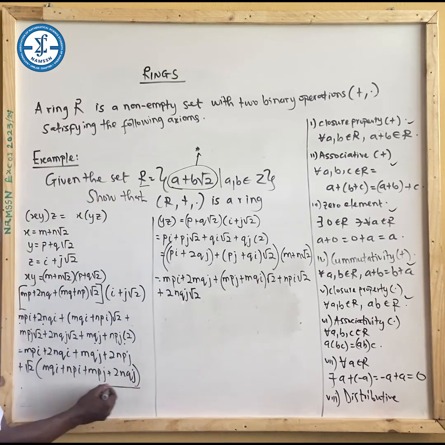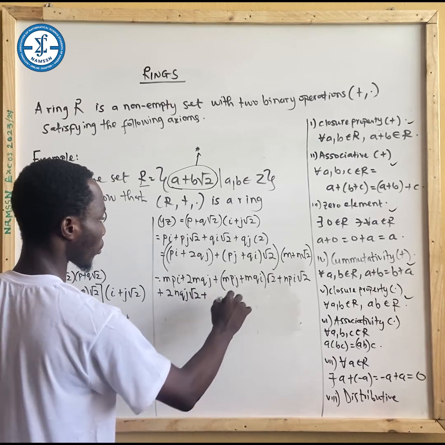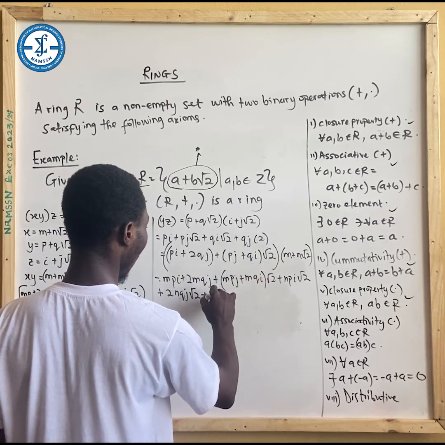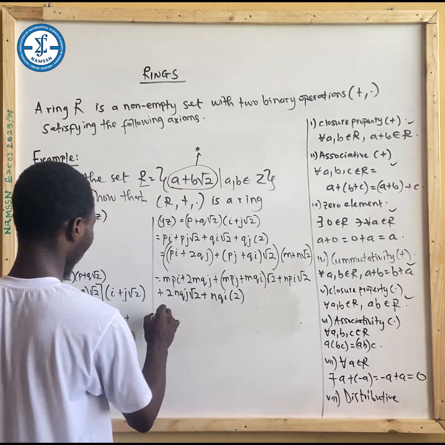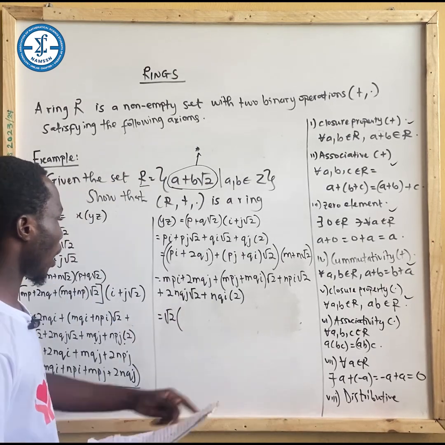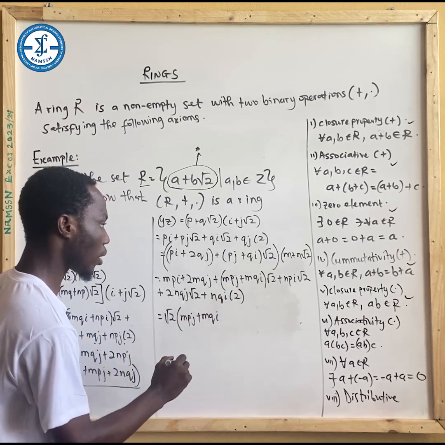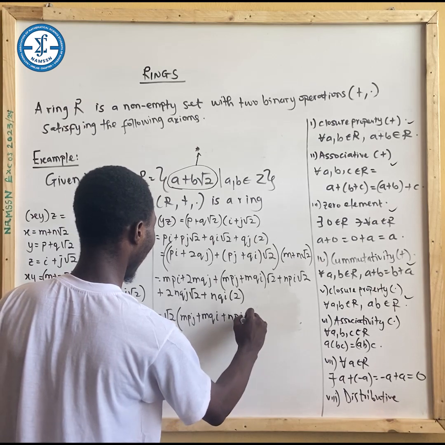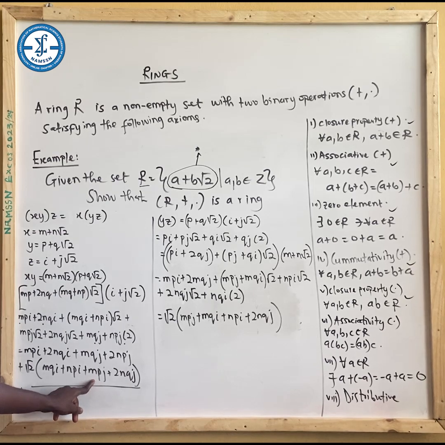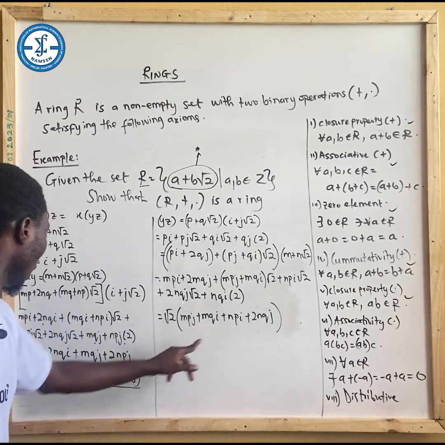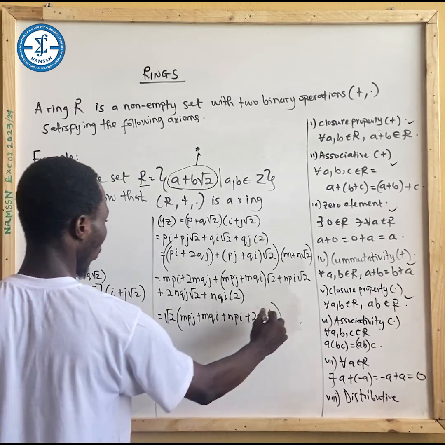So all of this I've seen. So if I can just say nqj plus nqi times 2, so I can say root 2. Yeah, I have root 2 here. That's mpj plus nqi plus npi plus 2nqj. So I have mpj, nqi, npi, 2nqj. This has been settled.